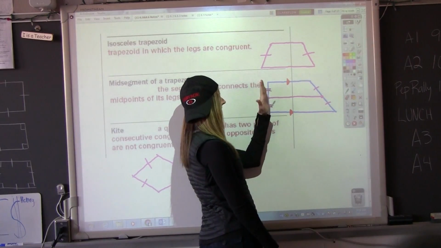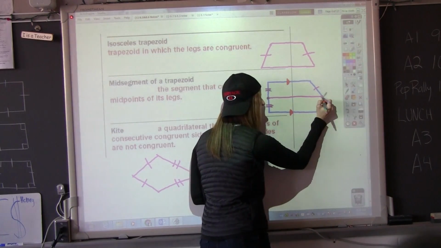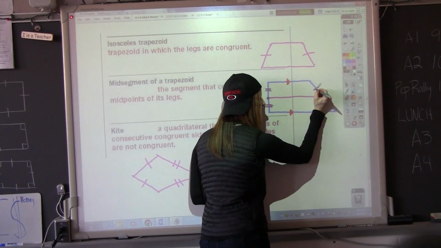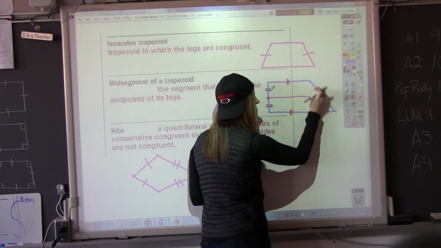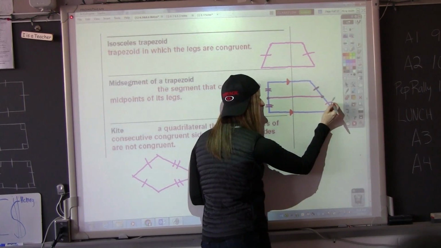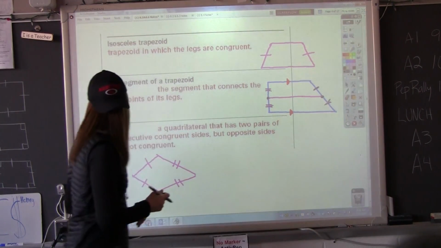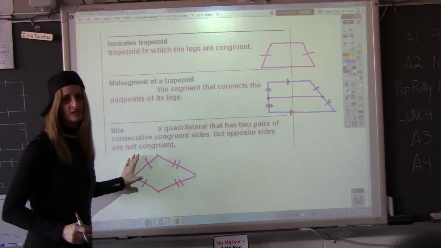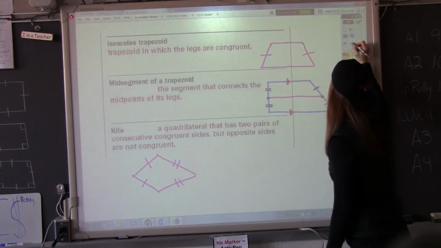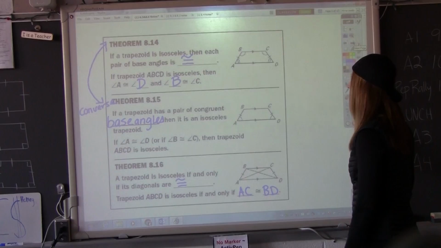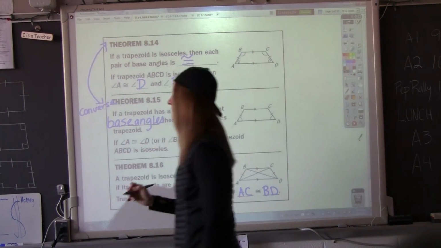I wanted you to see. Just because this is the midpoint doesn't mean these lengths are the same. But this side has also been bisected. And a kite we'll go over in just a minute when we get to the kites. So let's talk about these theorems first.